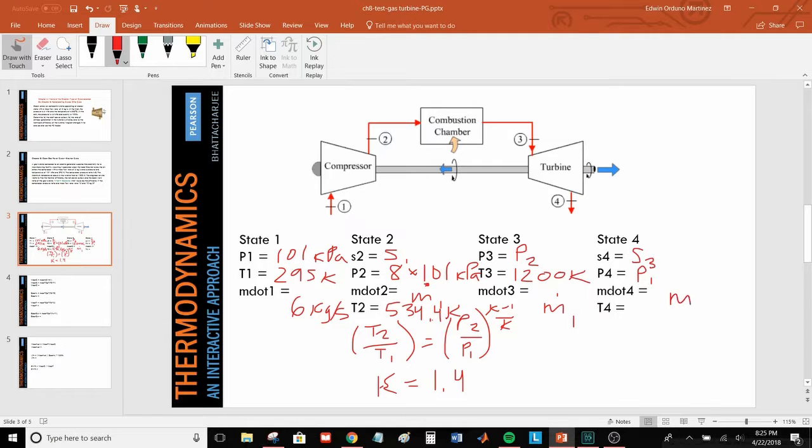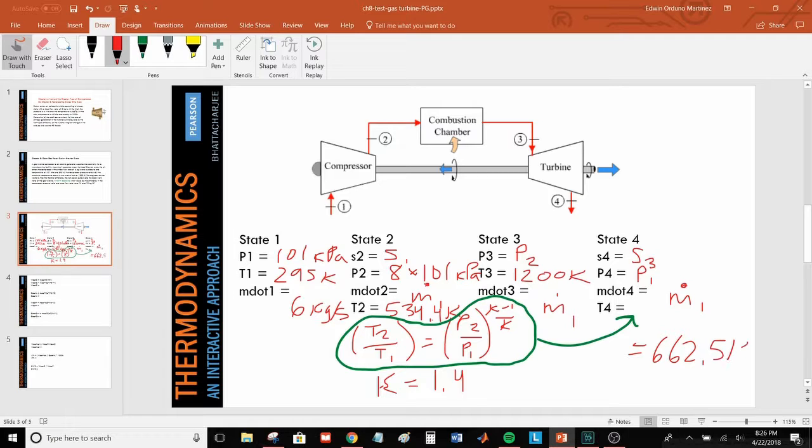Mass flow rate also remains the same. Once again, since it's an isentropic expansion, we can use the isentropic relationship to solve for T4. And when we do that, we get 662.5 Kelvin.